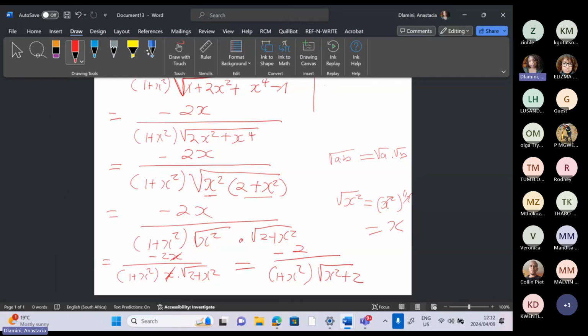So we did logarithmic differentiation, successive differentiation, and then we did differentiation of inverse trigonometric functions. Is there something that you guys didn't understand from the three?